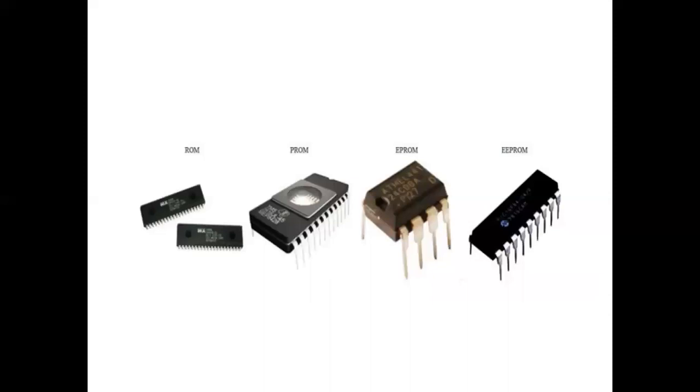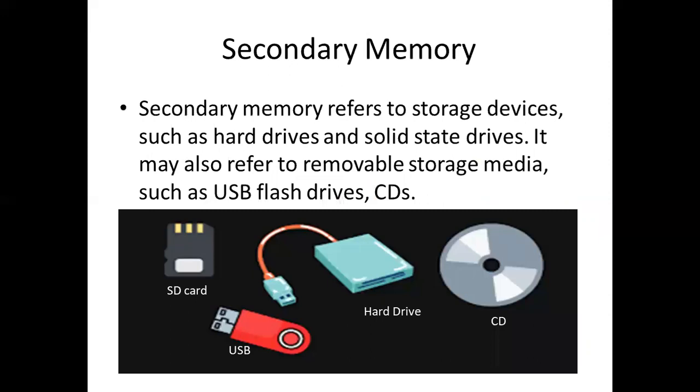Then we come to secondary memory. We are done with the primary memory, which is of two types, the RAM and the ROM. Now the secondary memory consists of storage devices.